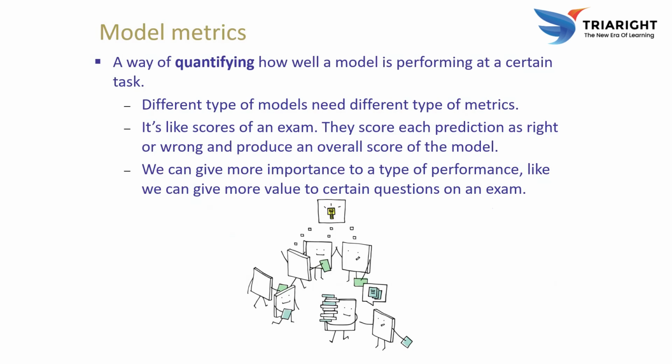Here we have quantifying performance and task-specific metrics, with an analogy. The diagram at the bottom of the slide appears to show several figures holding pieces of paper with different symbols: a check mark, an X, and a circle with a star. This likely represents a visual metaphor for the different predictions made by the model.